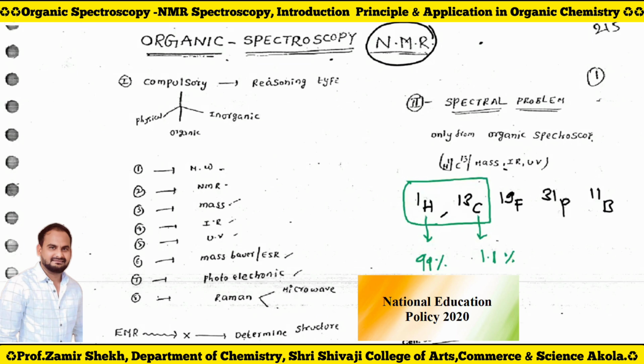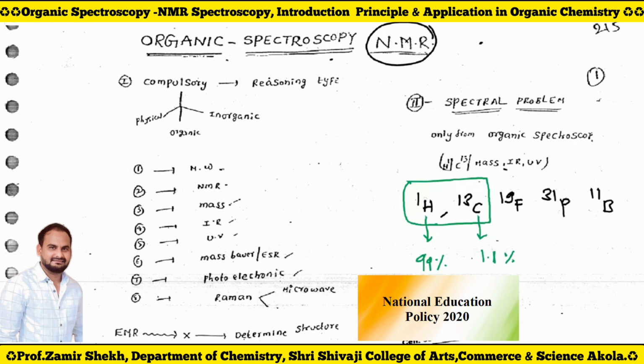Using NMR spectroscopy, we can get information about the type of nucleus, the type of hydrogen, how many different sets of hydrogen there are, and which are equivalent or non-equivalent. All of this can be done with the help of NMR spectroscopy. Spectroscopy is a physical method of analysis.